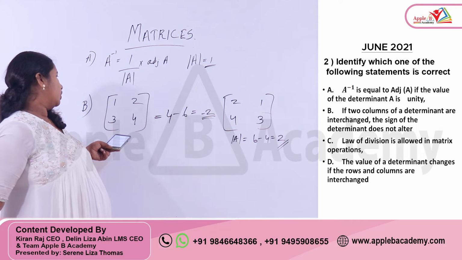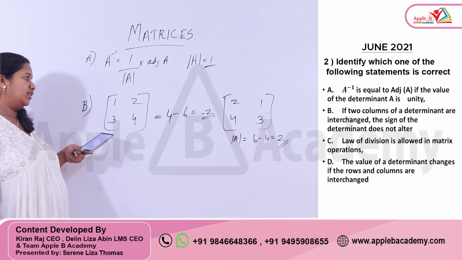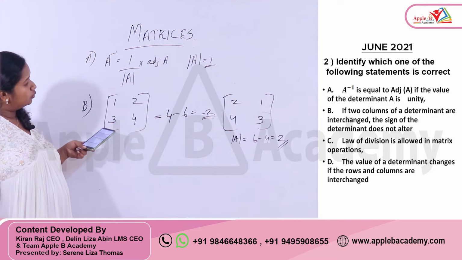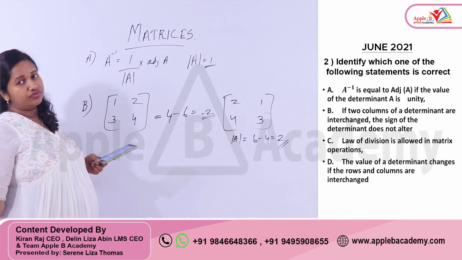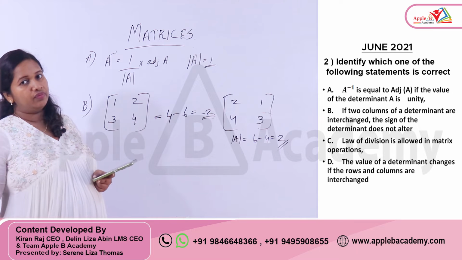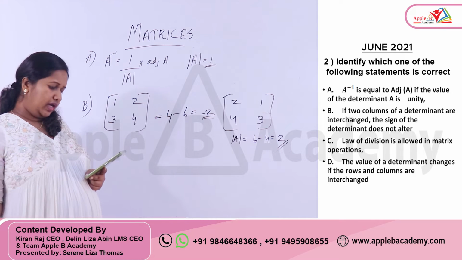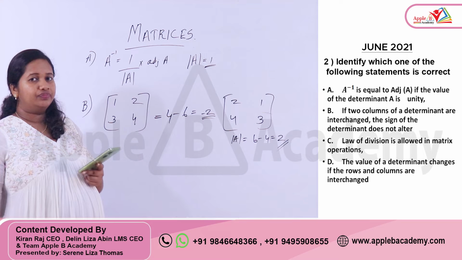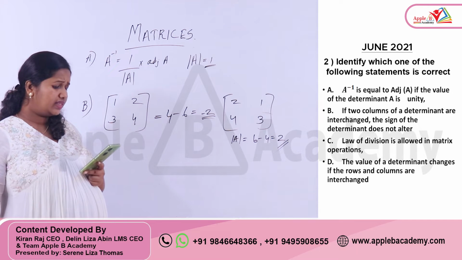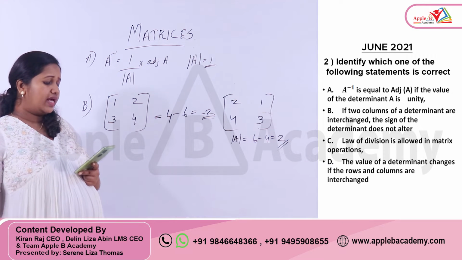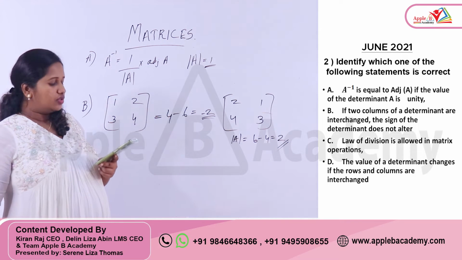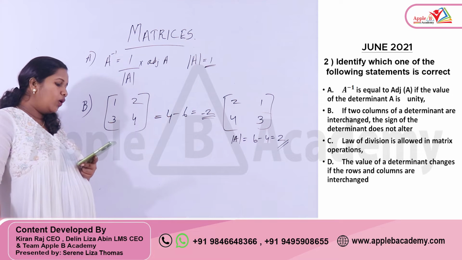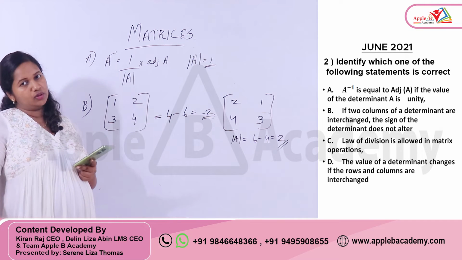From this it's clear that when you interchange the columns, the sign of the determinant changes. When you interchange any two rows or columns, the sign of the determinant will alter. So the second statement says that the sign of the determinant does not alter. So that is wrong.